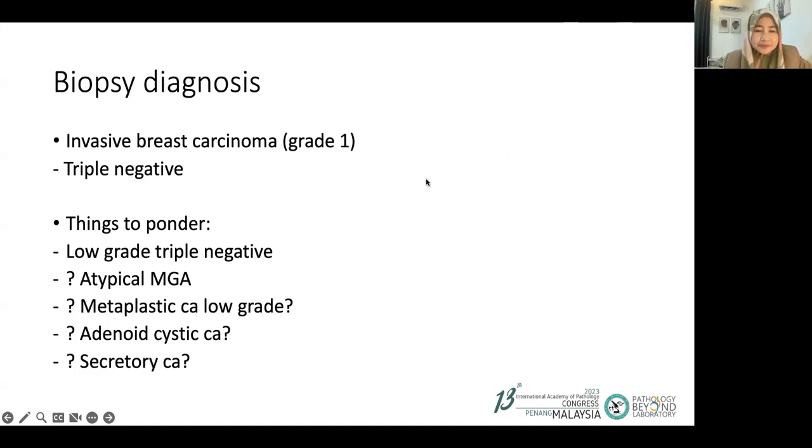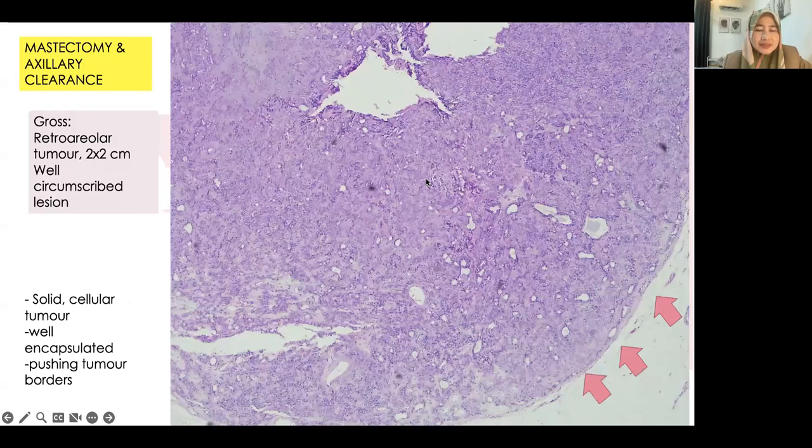All right. Workup was done on the excision tissue, where mastectomy and axillary clearance were done. The tumor is a retroareolar tumor, 2 by 2 centimeters, a well-circumscribed lesion. It shows a solid cellular tumor with a well-encapsulated pushing tumor border.